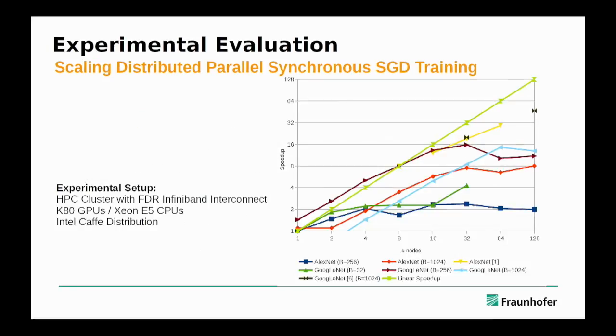Now, these are some experiments we actually made on an HPC cluster with FDR InfiniBand interconnect. The GPUs are kind of old, K80s, but actually this plays in our favor in this case. If you look at the green line, this would be linear scaling. So the general assumption would be just buy enough GPUs and plug them in your cluster, and that's it.